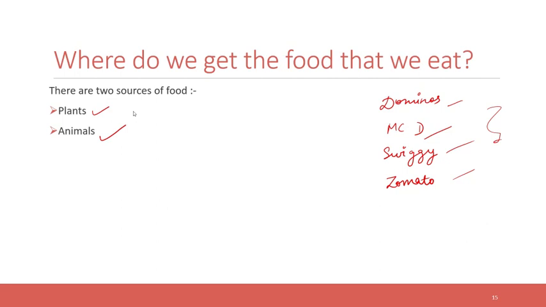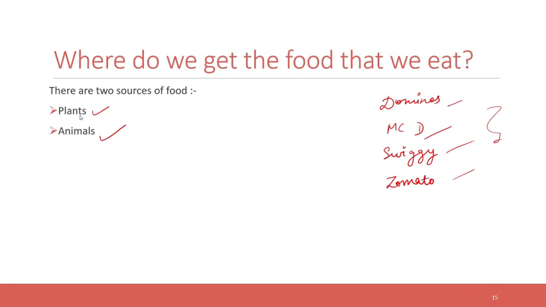Okay, wait and think. What did you eat today? Rice? Now think, where do we get rice from? From the rice plant, right? So basically, rice comes from plants. Some of you might have had an omelette, right? Now think, where do we get eggs from? We get eggs from a hen, and a hen comes under the category of animals. So we get omelette from animals. Some of you might have had potato.